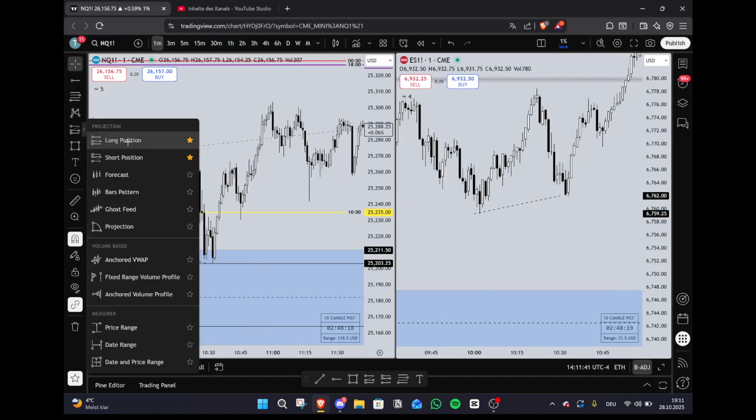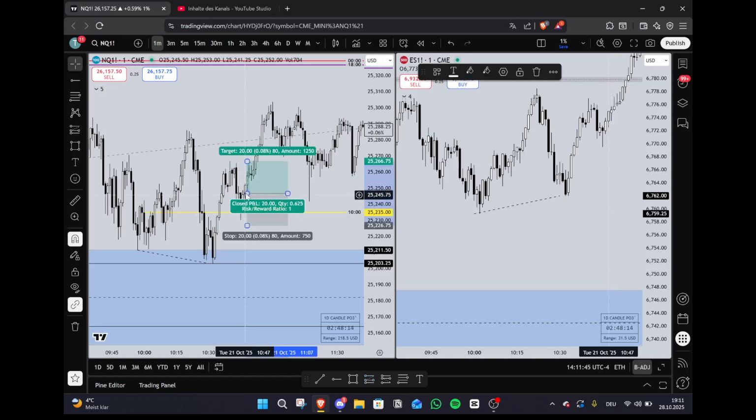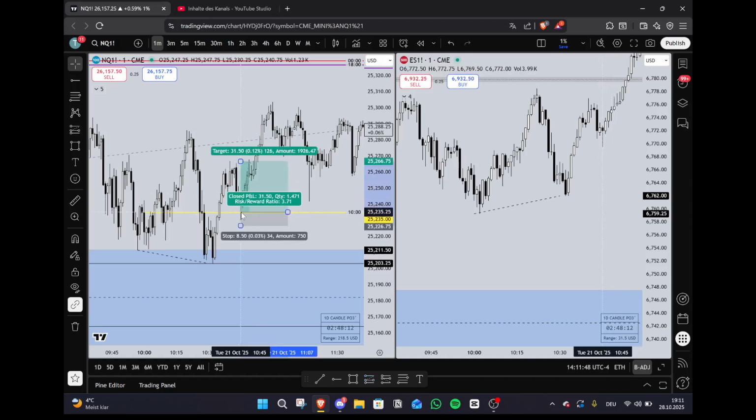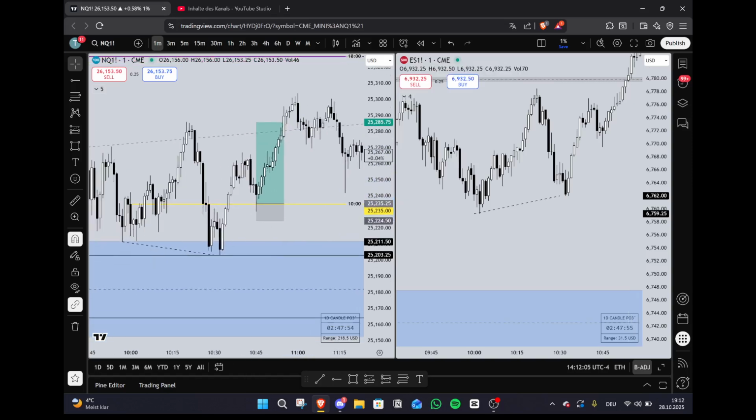And we see our trade we took with the key open model. 10 point stop, target highs, whatever. And there it is. This is like the first trade we took.